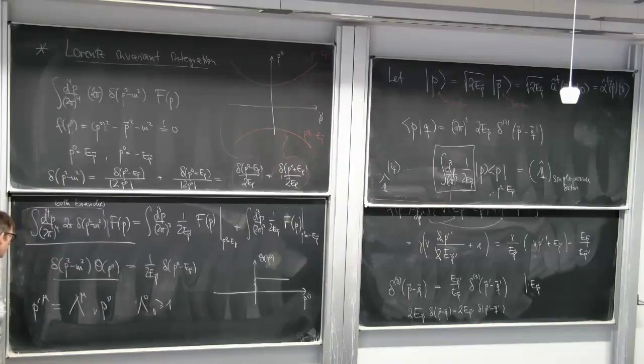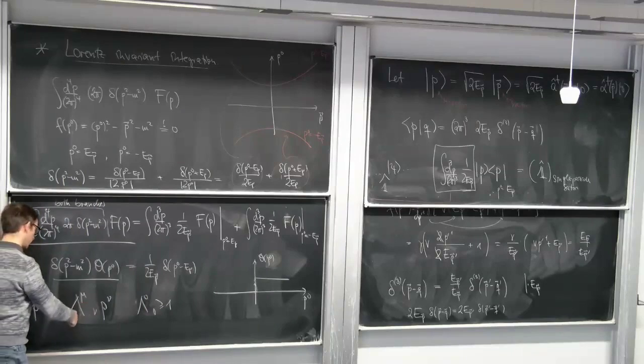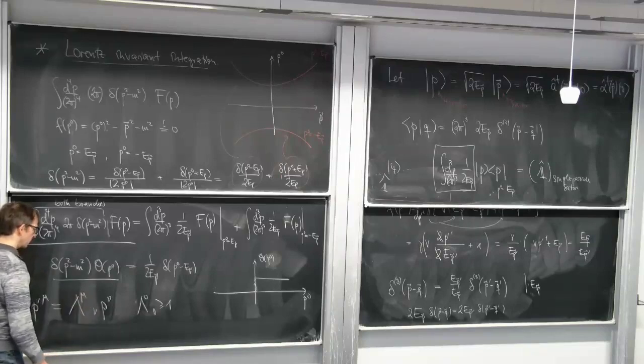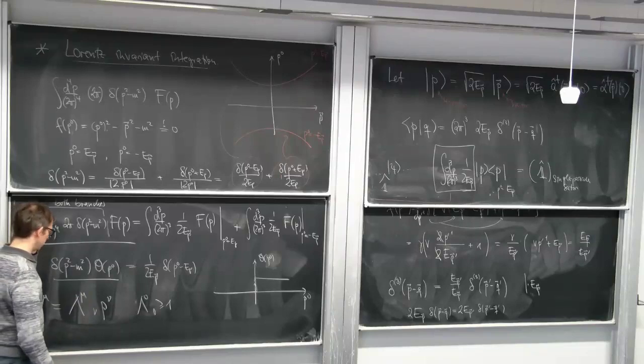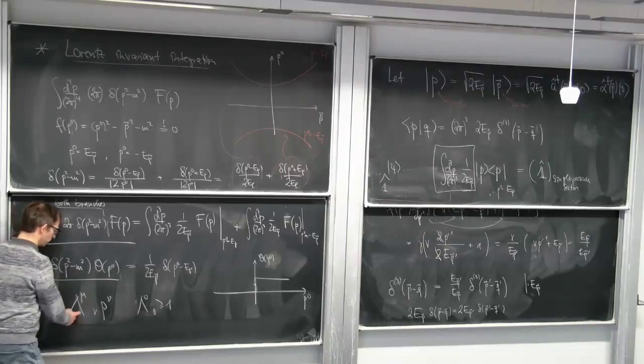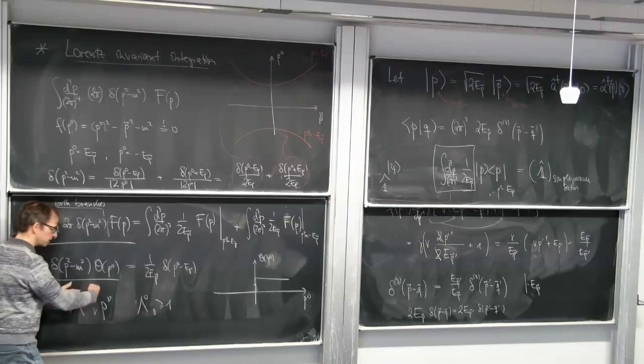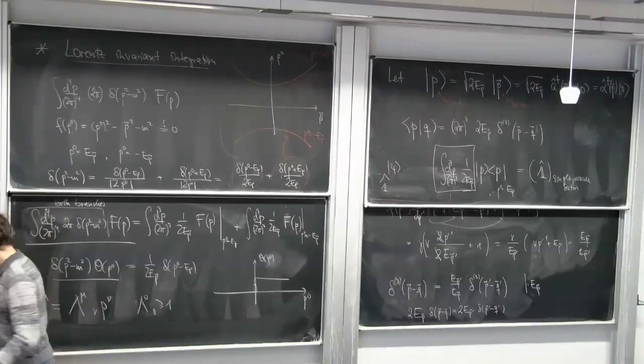Yeah, well, there are also the others. However, there are more conditions, right? This has to satisfy lambda transpose eta lambda equals eta, and we could derive things. It's probably easiest to look at a picture.